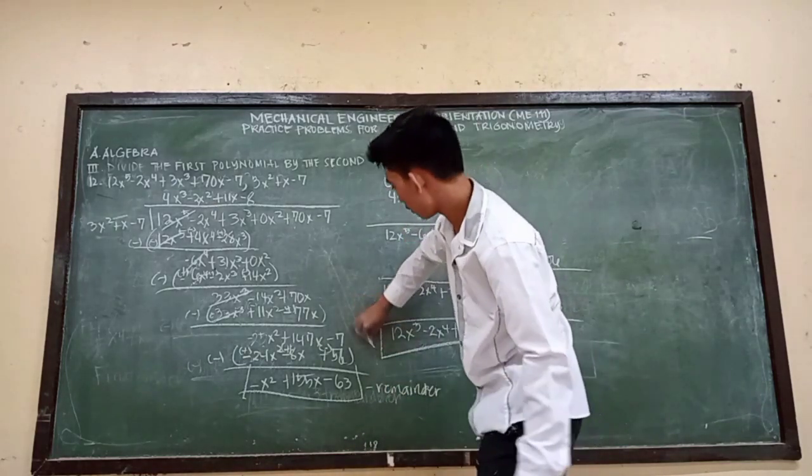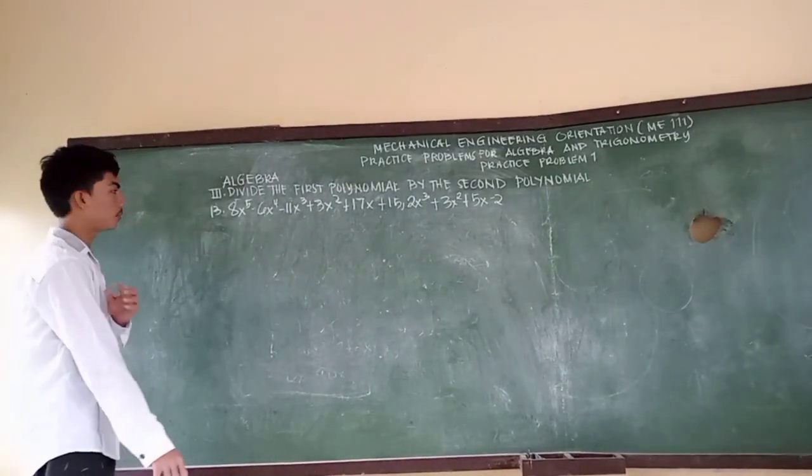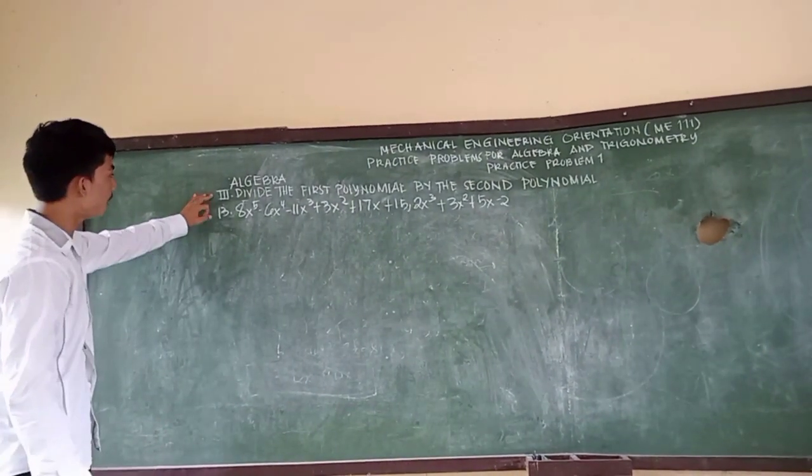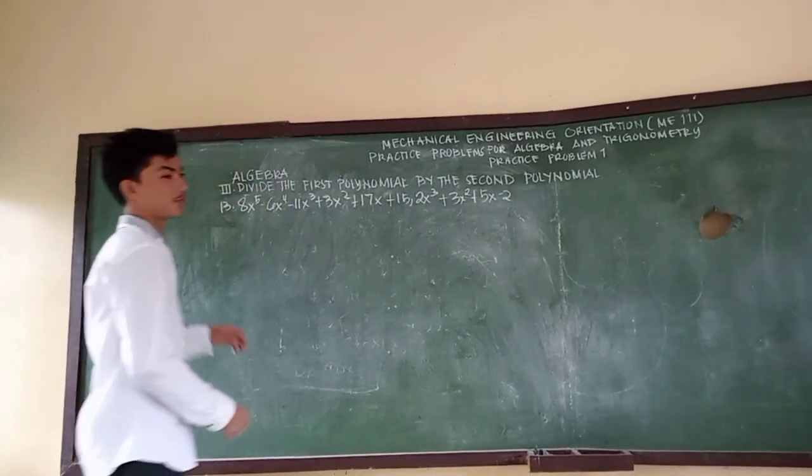So our answer in this equation is... Now we are at our problem 13 in our algebra, and we will divide the first polynomial by the second polynomial.